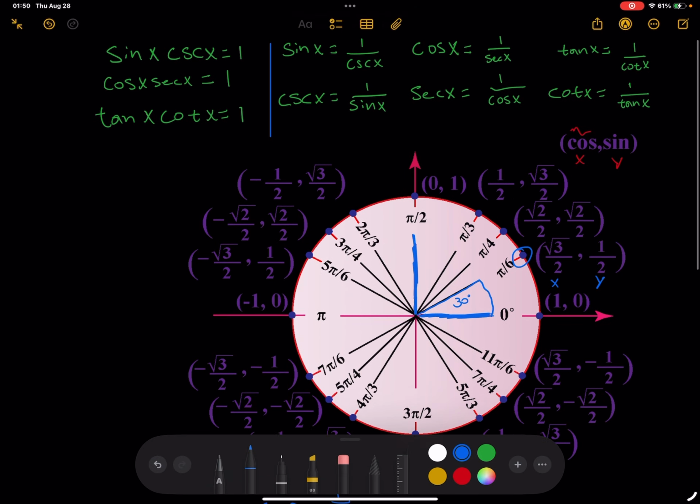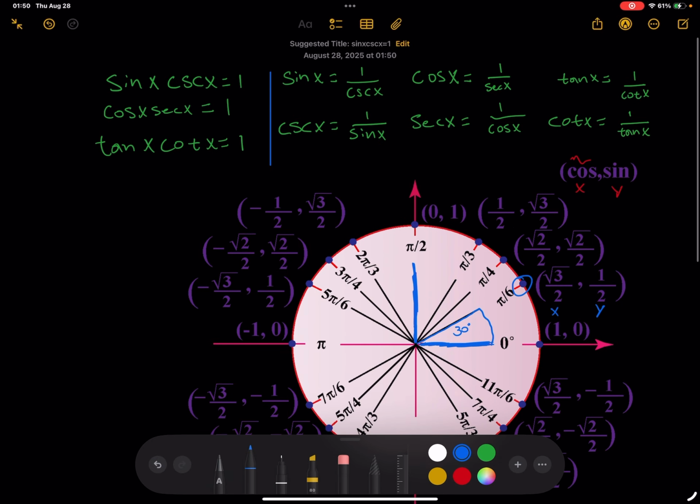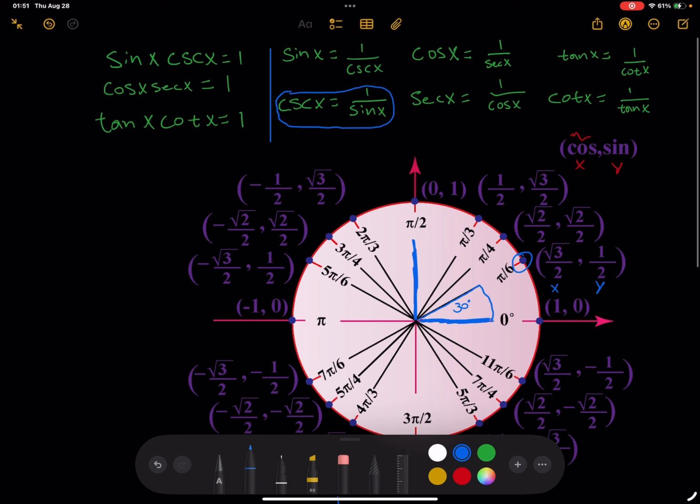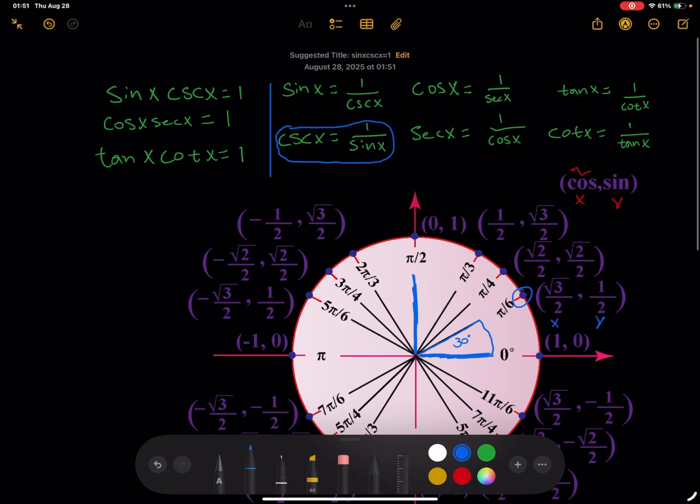Cosecant, if we come up here and look at this, cosecant is 1 over sine x. So this is where this 1 is coming into play.